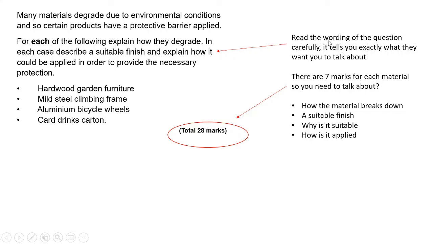So it's telling you exactly what it wants. There's 4 things to write about, 28 marks, so 7 marks for each one, and pretty much the same things. So it wants to say, how does the material break down? So will it rot? Will it mold? Will it rust? What is a suitable finish for it? Why is it suitable? And then how is it applied? So again, 28 marks. Pause the video, answer it with your textbook, and then we'll go through the answer.